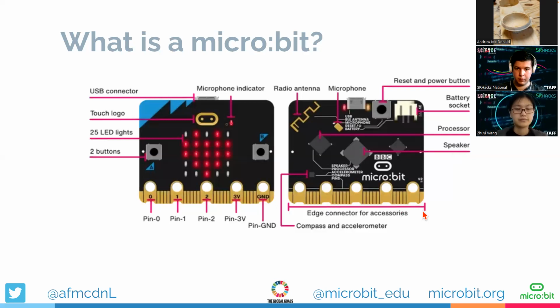A couple of the inputs that I've already talked about are these buttons, the 2 buttons and the touch sensor. We also have the microphone, but some other cool things are this accelerometer and the compass. So it can sense orientation. Again, thinking about your smartphone, when you flip it from horizontal to vertical, or landscape to portrait, the images on the screen flip, and it knows that.